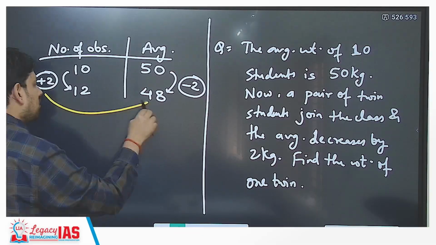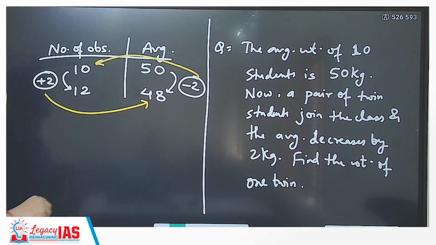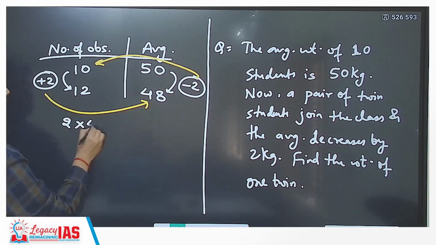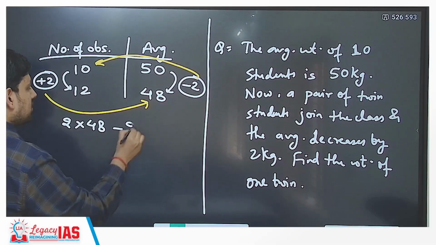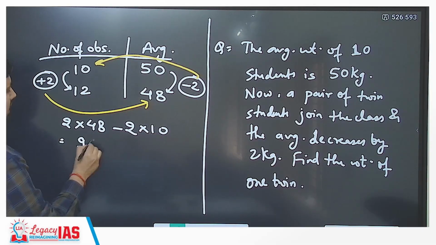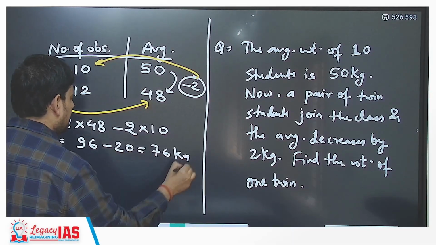So plus 2 into 48 and minus 2 into 10. So 2 into 48, then minus 2 into 10. 48 into 2 is 96. 96 minus 20, you got it as 76 kg.